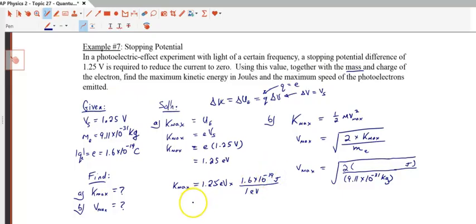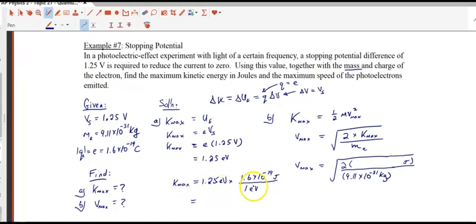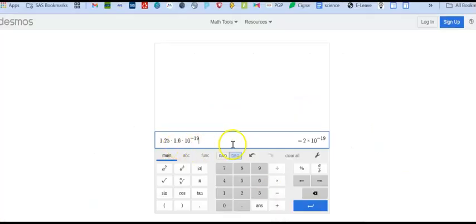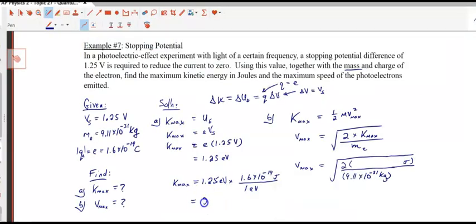So 1.25 times 1.6 times 10 to the power of negative 19 joules gives you 2 times 10 to the power of negative 19 joules. That's what we need to plug in here.